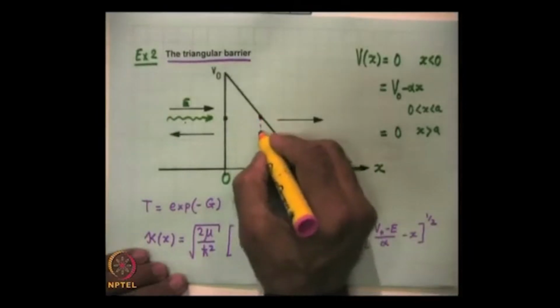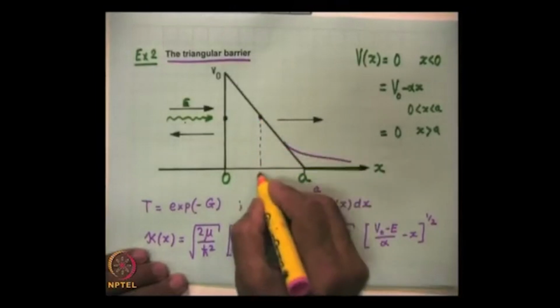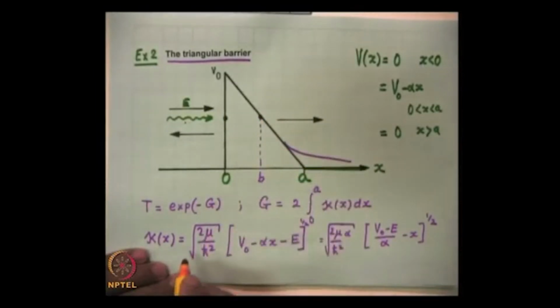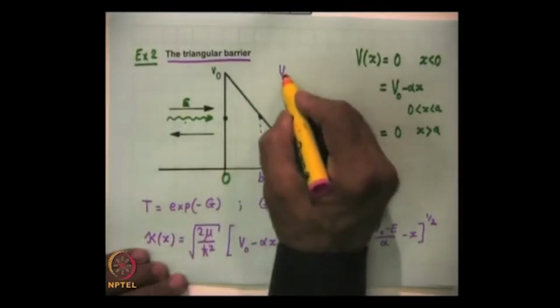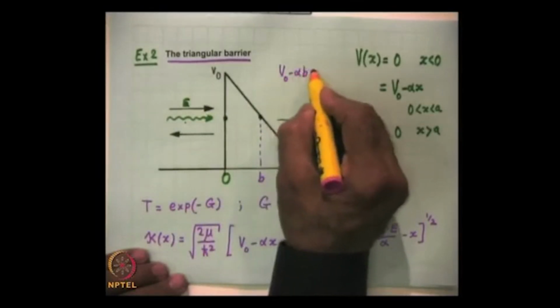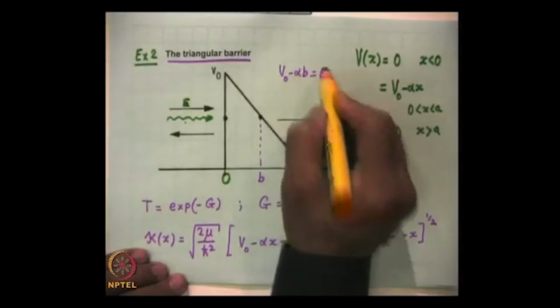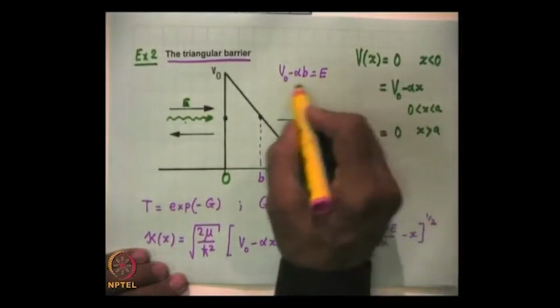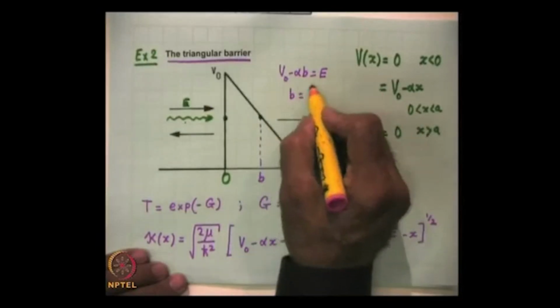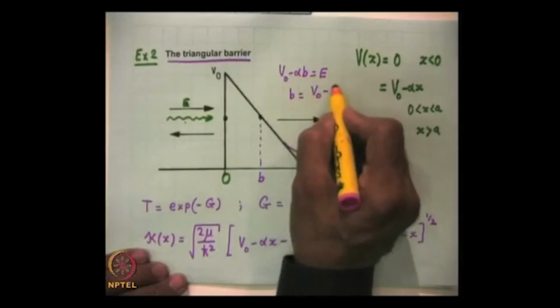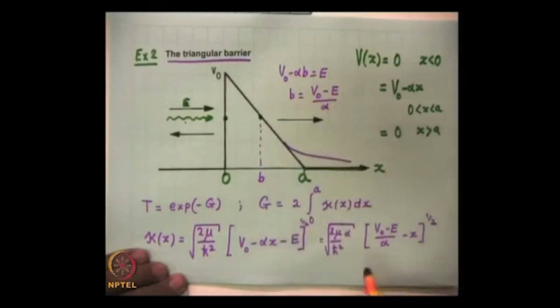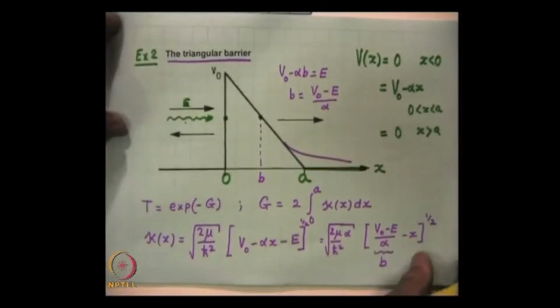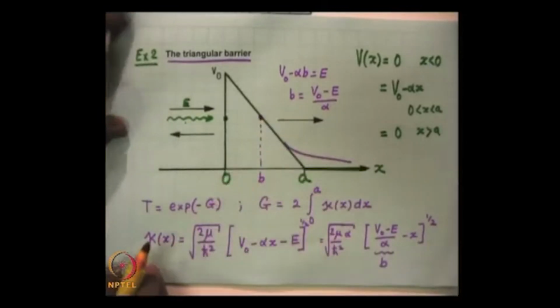So, this is the value of the turning point. If this is the turning point B, then V0 minus alpha B must be equal to E. So, B is equal to V0 minus E divided by alpha. This quantity is my turning point, the value of x at which the second turning point occurs.